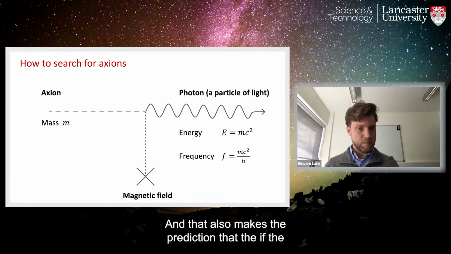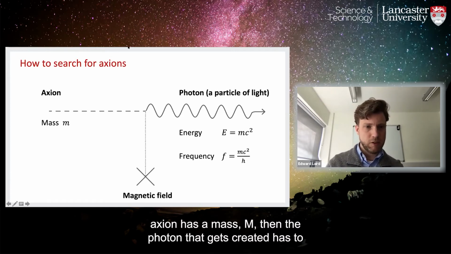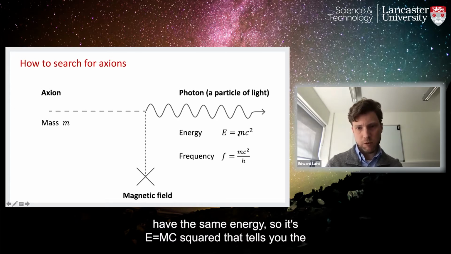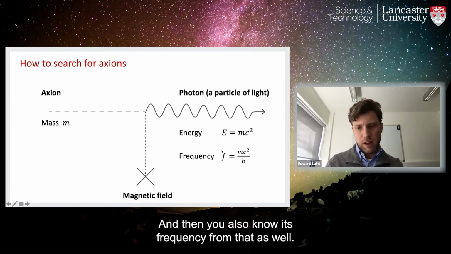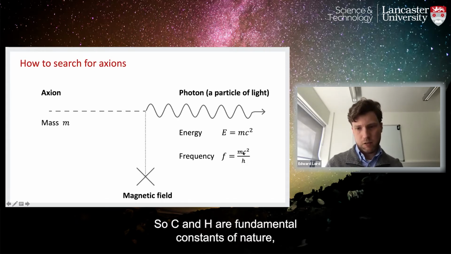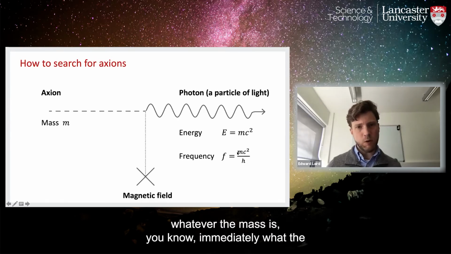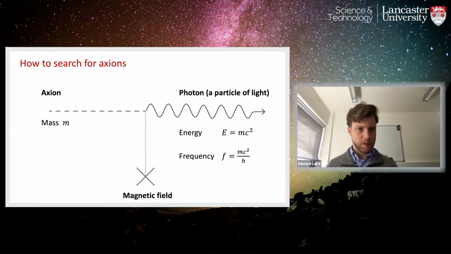And it also makes the prediction that if the axion has a mass m, then the photon that gets created has to have the same energy, so it's E equals mc squared. That tells you the energy of the photon. And then you also can know its frequency from that as well. So c and h are fundamental constants of nature. Whatever the mass is, you know immediately what the frequency you should be looking for.